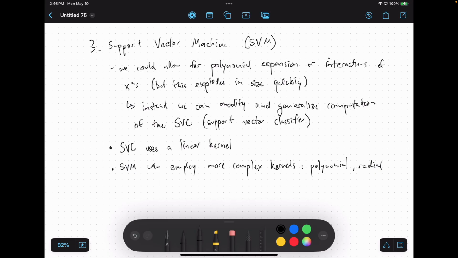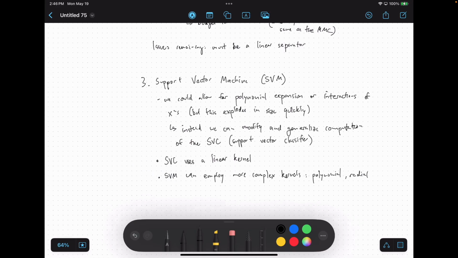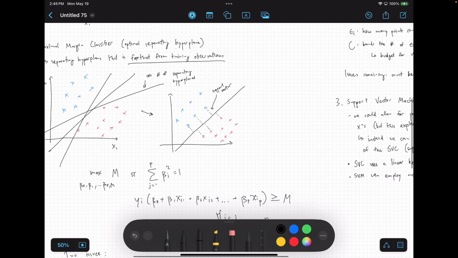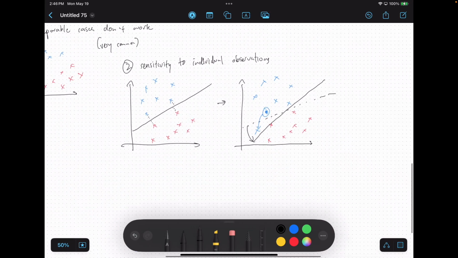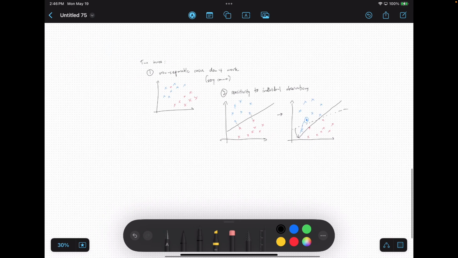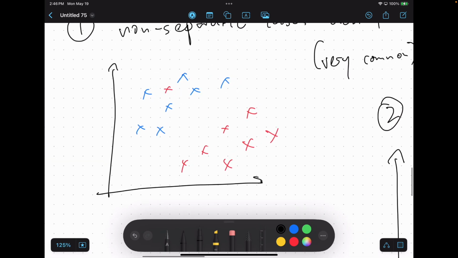If you have a bunch of red points, you could still have a blue point in there that is too hard to get a classifier around. For example, here, technically using a support vector machine, I might be able to do something like this.